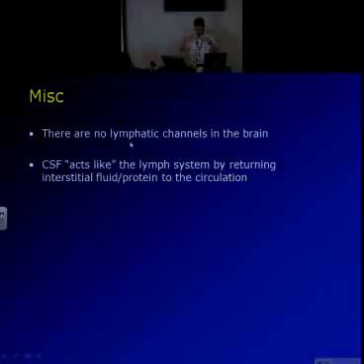You don't have lymph vessels penetrating in the brain to do it. So in a way, this CSF is fulfilling that role. And in fact, at some of those other spots, those dural sheaths and that cribriform plate, the CSF is actually dumping into the lymph system in those areas. So it's a specialized mechanism or function to try to do what the lymph system does throughout the rest of your body.